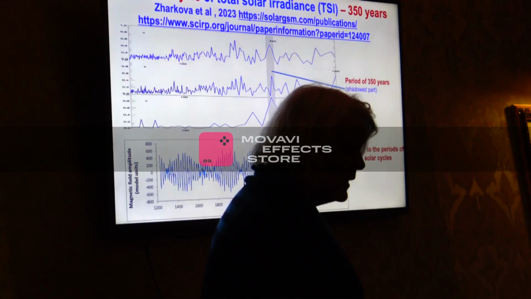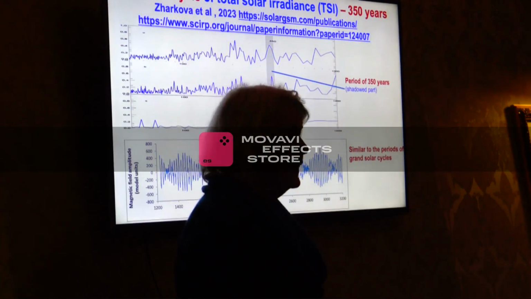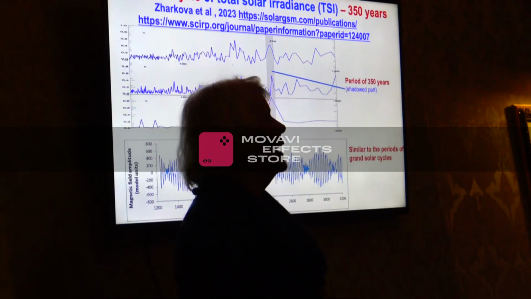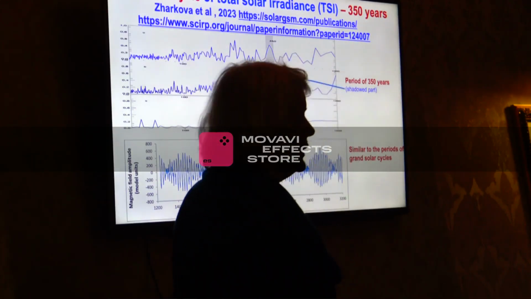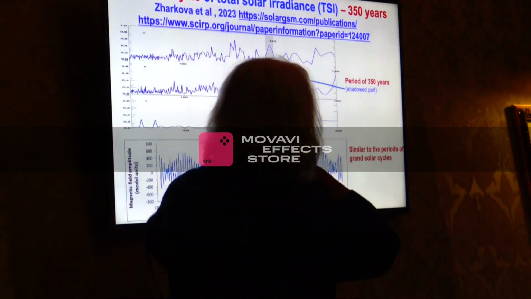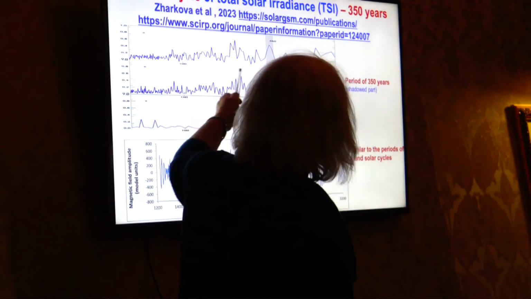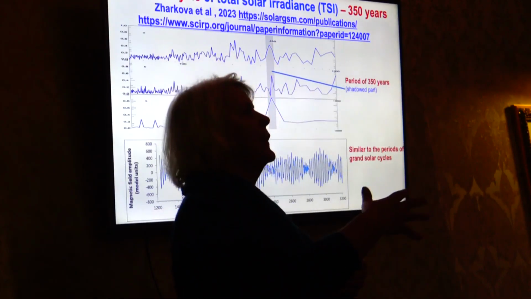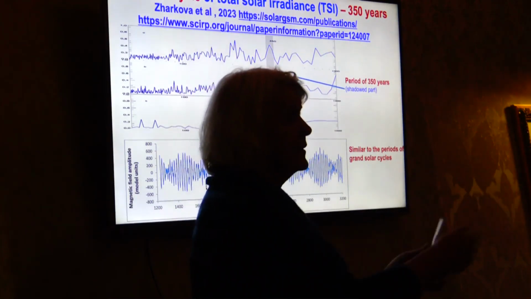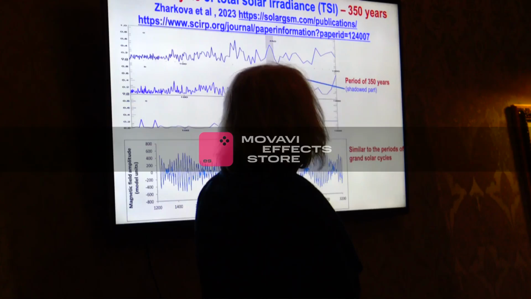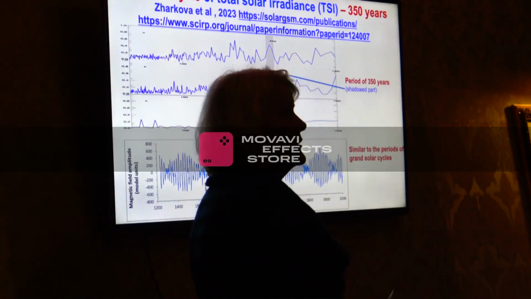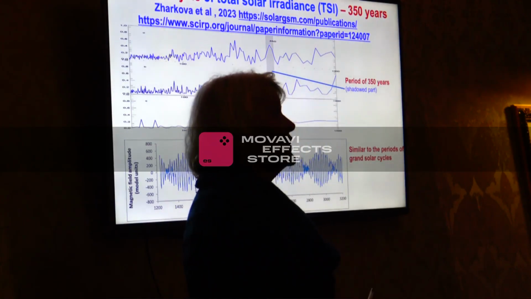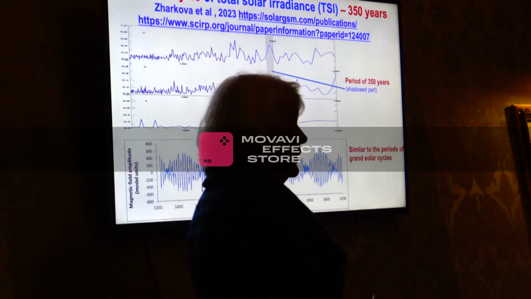So this is why later, after the paper published in 2023, we managed to run the data for solar irradiance derived from the biomass, and we discovered a period of 350 years, which shows an increase of solar irradiance on the Earth.